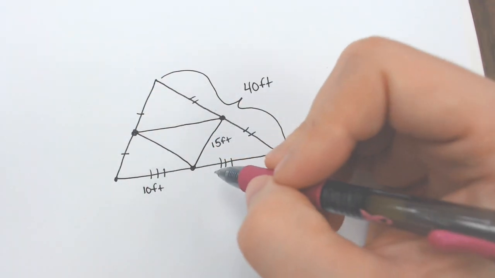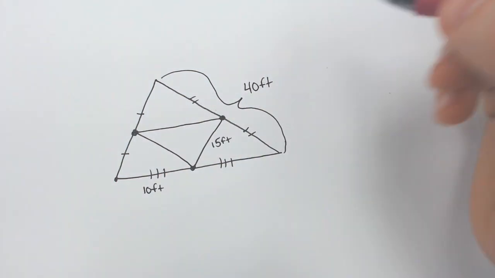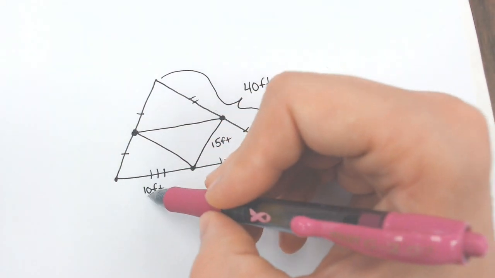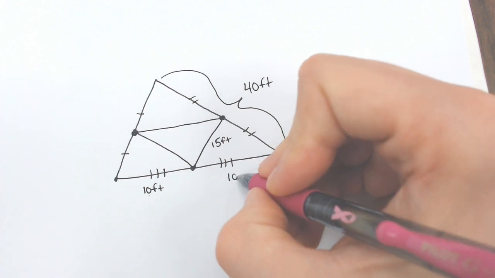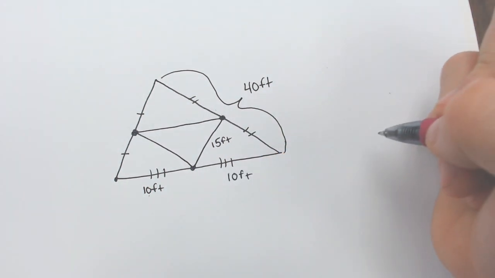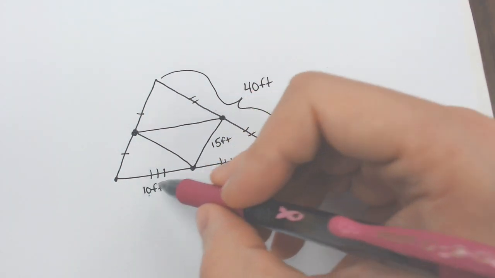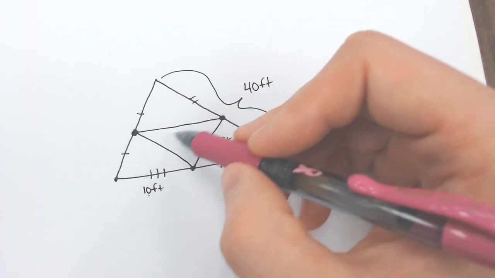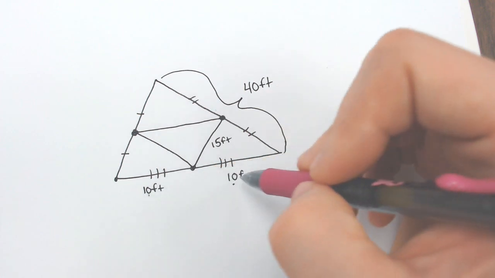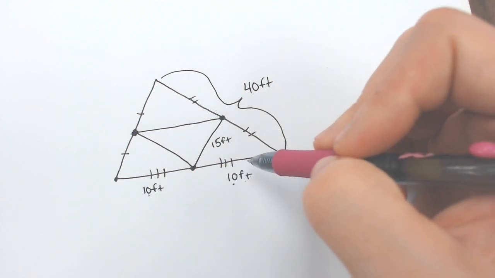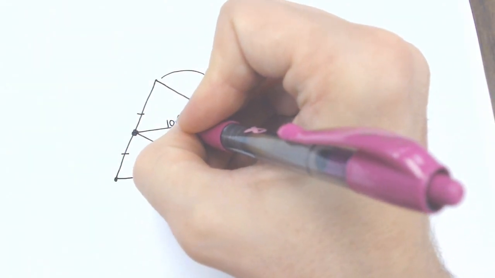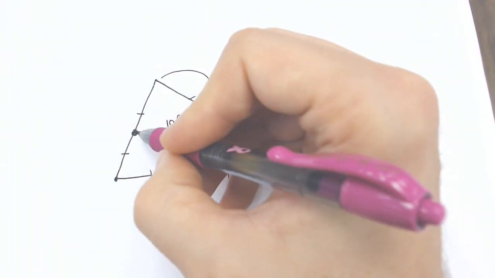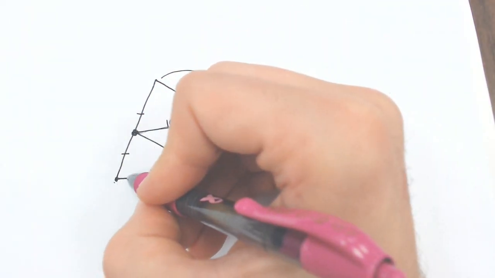So with this information, we could fill out just about everything. We'll start with the 10. If it's 10 here, then it would have to be 10 feet over here as well. And if these are both 10, and the midsegment is supposed to be half of that, well then, if we add 10 and 10 together, you get 20, but half of 20 is 10. So this 10 feet right here is actually the same length as this one right here.